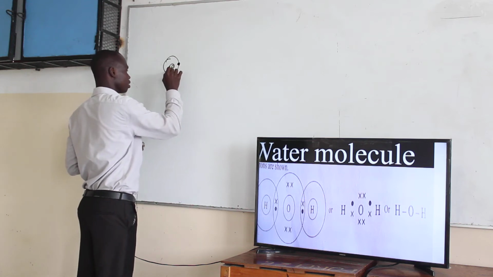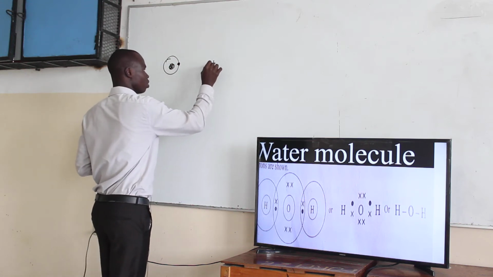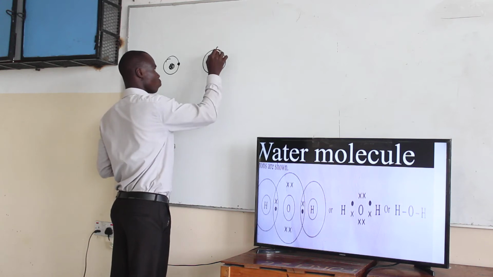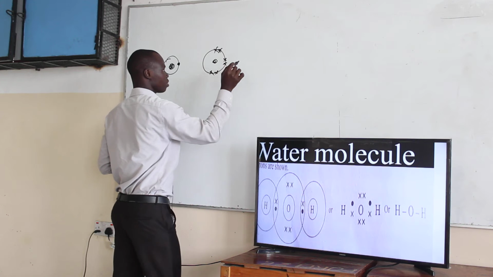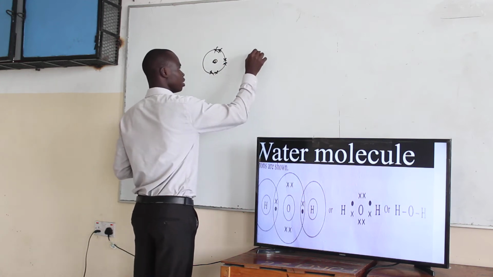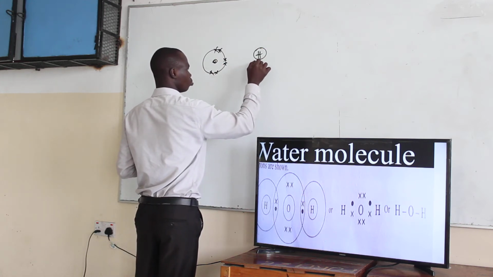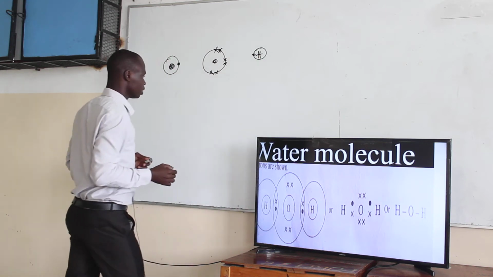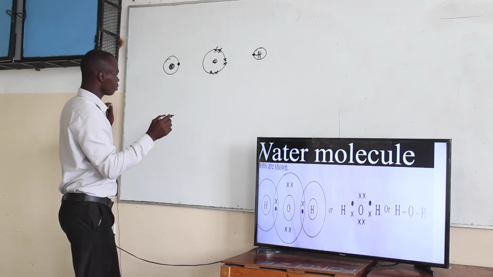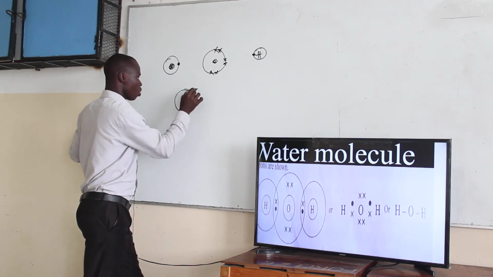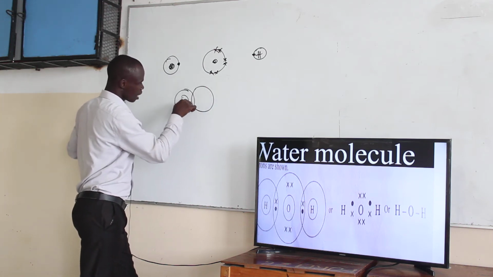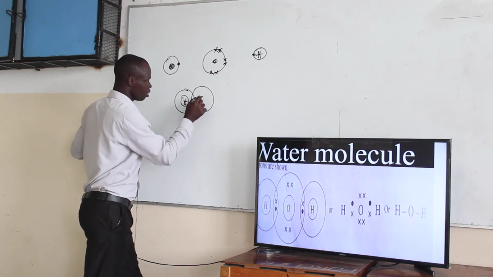Using a diagram, hydrogen has 1. Oxygen has 1, 2, 3, 4, 5, 6. Another hydrogen here, 1. Now, what's happening? Hydrogen here will have to share. This circle is going to represent sharing.